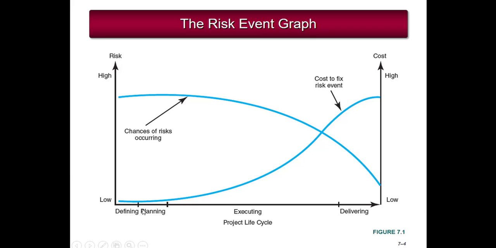So during defining and planning, the cost to fix a risk event is low because you really haven't done much to work on the project, but the chances of risk occurring are high. Moving forward in the project closer to delivery, the chances of risk to occur begin to decline, however the costs increase. So it's better to try to fix or understand risks when the costs are low.